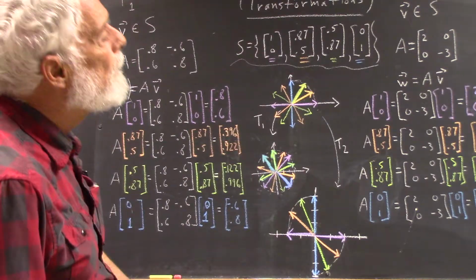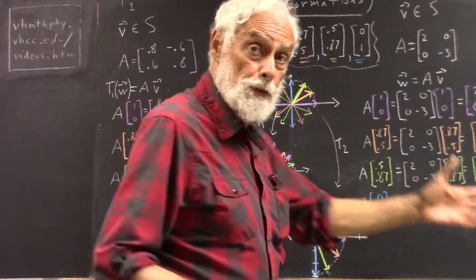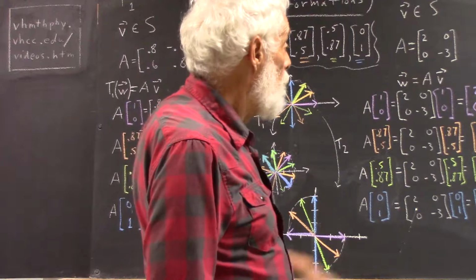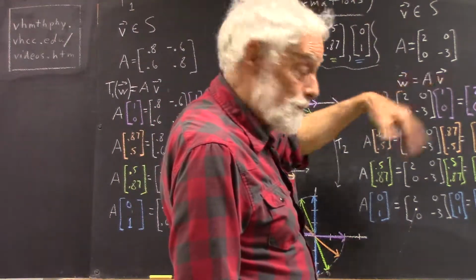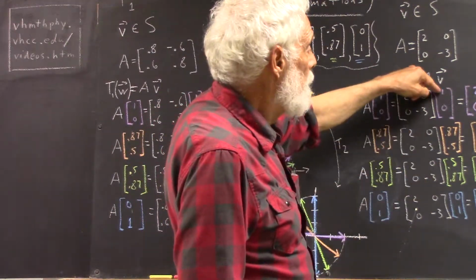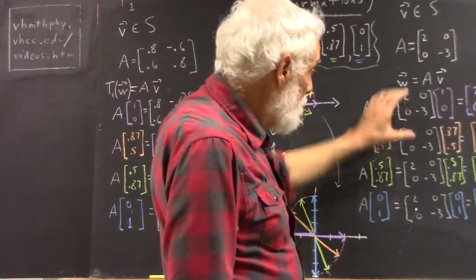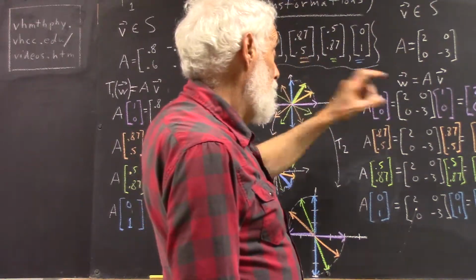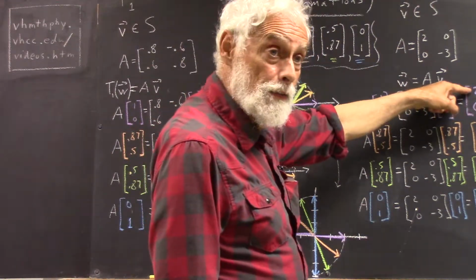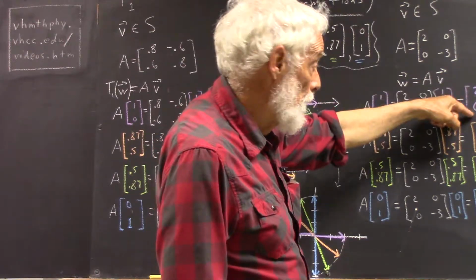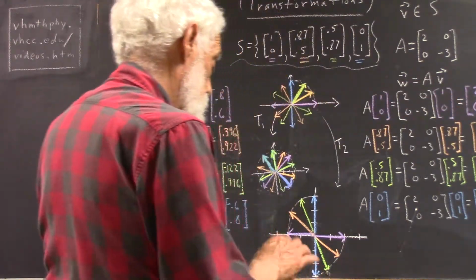Now, you can think about this. I'm just going to assert this. If we change one of the coordinates here to make it a negative, if we make the negative of the first coordinate, because of the way the matrix is, that's going to give us the negative of the first coordinate over here without changing the second coordinate.